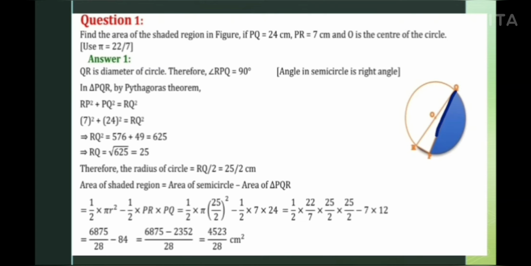Also the angle of the sector is given, that is theta is equal to 40 degree. You need to find the area of this green section.